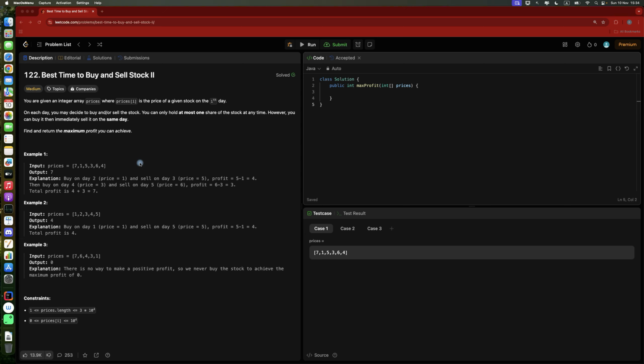Now I want to tell you, I have failed on this problem in an interview before. They didn't give me the LeetCode one, but a refactored version. It was the same problem, but I didn't have this explanation here.